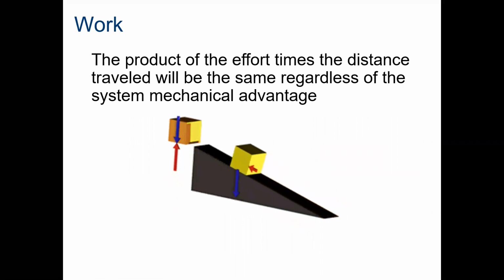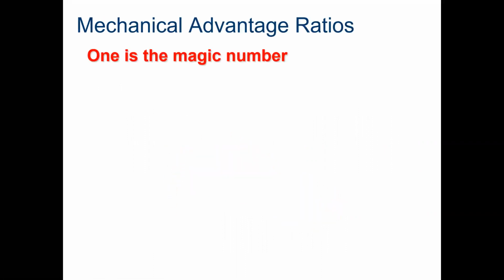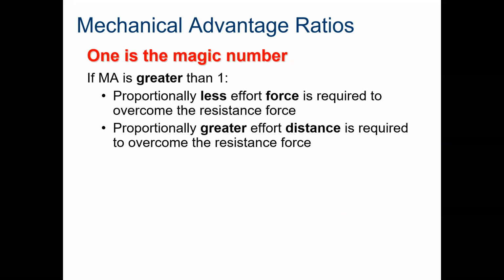Okay, so when we calculate work again, the product of the effort force times the distance traveled will be the same regardless of whatever your mechanical advantage is. But when we're talking mechanical advantage, that's the main thing we're going to focus on for simple machines, and 1 is the magic number. So what does that mean? If a mechanical advantage is greater than 1, that means you're making life easier for yourself when you're applying a force.